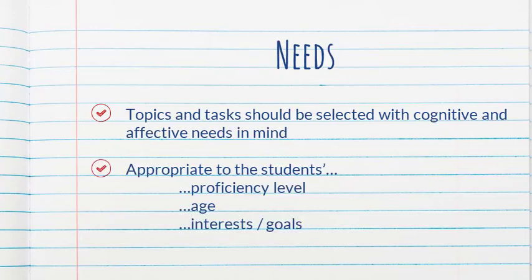And the third essential element of CBI is that the topics and tasks and everything about the course should be selected with cognitive and affective needs in mind. It needs to be appropriate to their proficiency level, their age, their interests, their goals. And of course, this makes perfect sense, but in practical terms, this brings up some challenges.